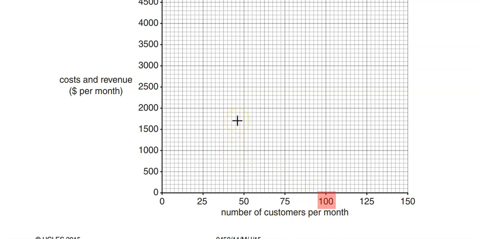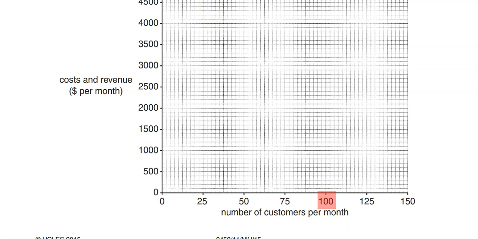So I know that 2 lines will intersect somewhere here. The total revenue line and the total cost line will both intersect at the point where the horizontal axis will be the 100 customers. So I'll start drawing the lines.